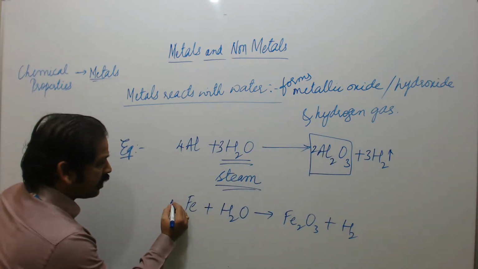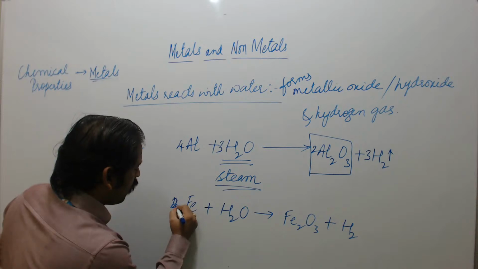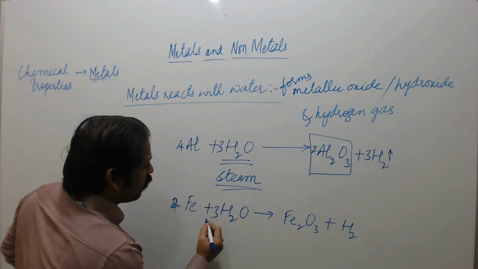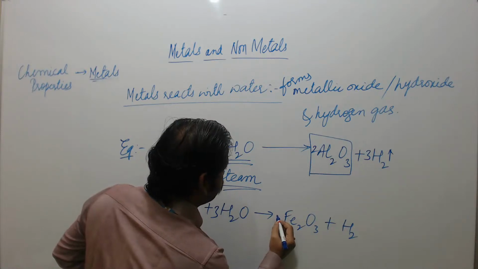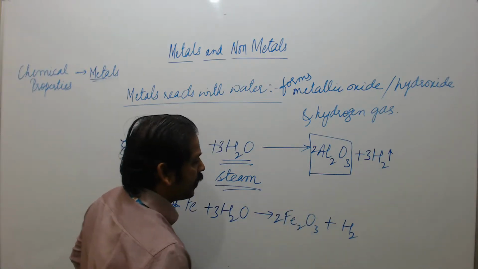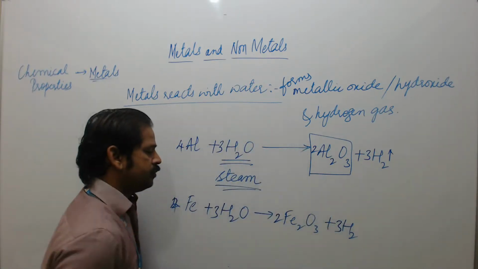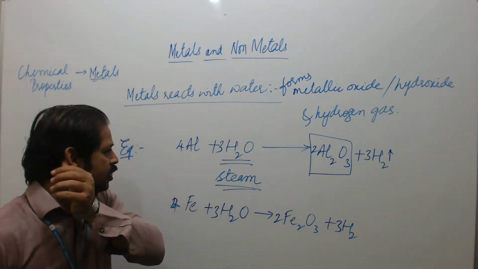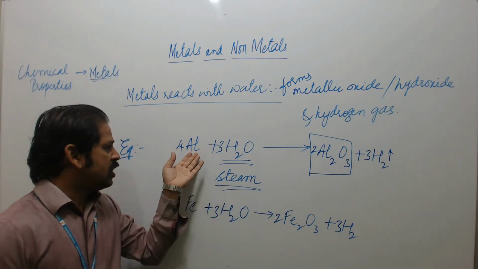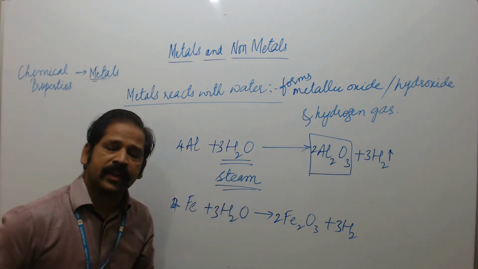We have the same reaction: 2Fe plus 3H2O gives Fe2O3 plus 3H2. Once again we are getting the same reaction because the valency of aluminium is 3 and here 3 is there.